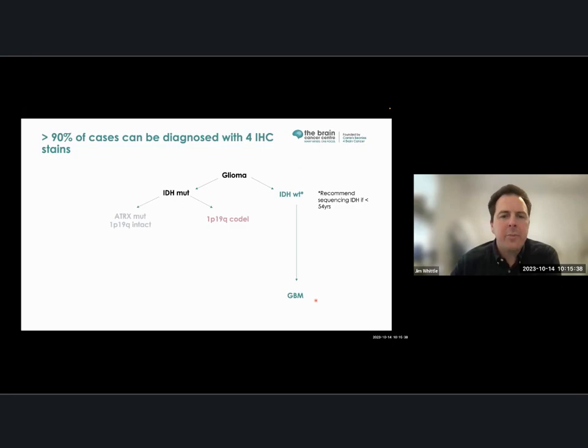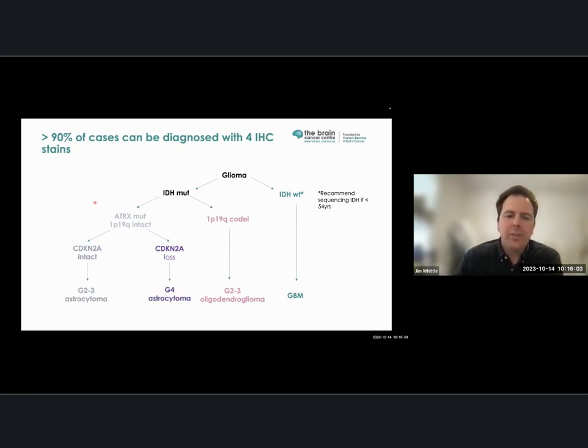And then for the IDH mutated category, these can go down two pathways: those that are 1p19q co-deleted and are diagnosed as oligodendrogliomas, either grade 2 or grade 3, depending on the morphology, or those that are 1p19q intact and have mutations in ATRX. The next question is, what is the CDKN2A status?